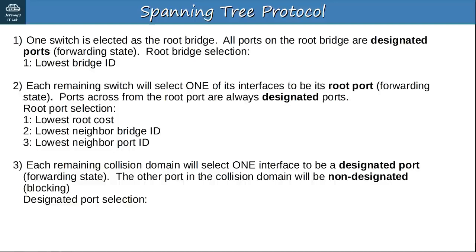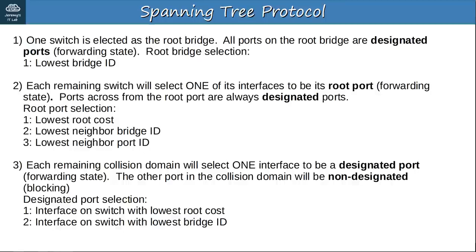If that's a tie also, the interface connected to the lowest port ID on the neighbor switch is selected. Then, finally, each remaining collision domain will select one interface to be a designated port, and the other port will be non-designated. The interface on the switch with the lowest root cost will be designated. If that's a tie, the interface on the switch with the lowest bridge ID will be designated. And then the other interface will be a non-designated port in a blocking state.